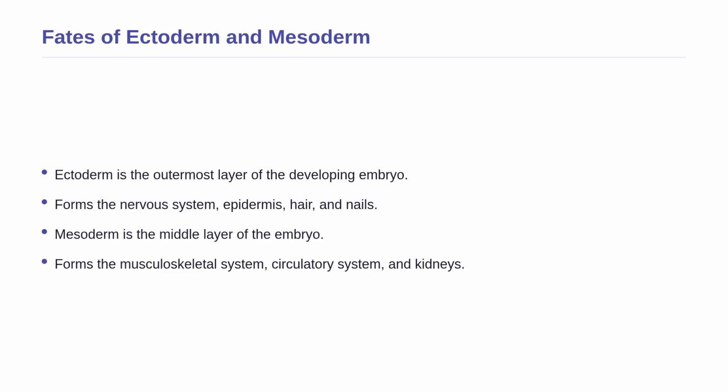Building on this fate map, let us examine what each specific layer becomes, starting from the outside in. The ectoderm is the outermost layer of the embryo. It differentiates into your entire nervous system, including your brain and spinal cord, as well as your epidermis, or outer skin, and associated structures like hair and nails.